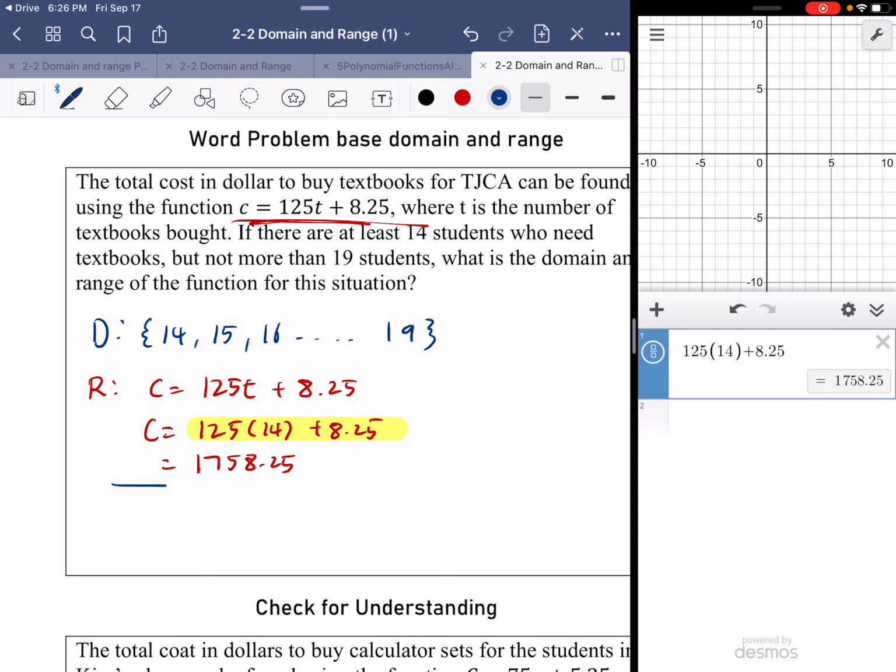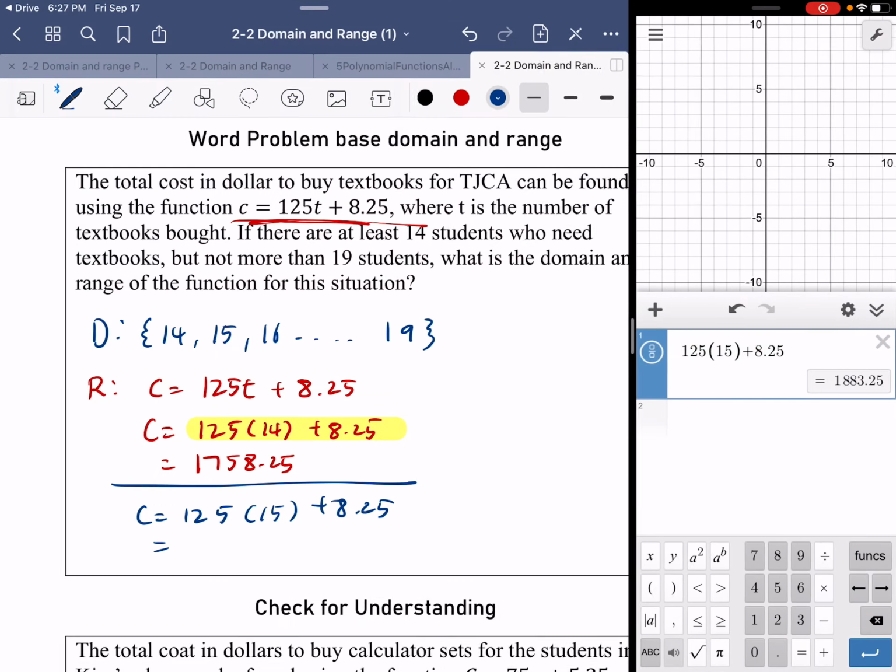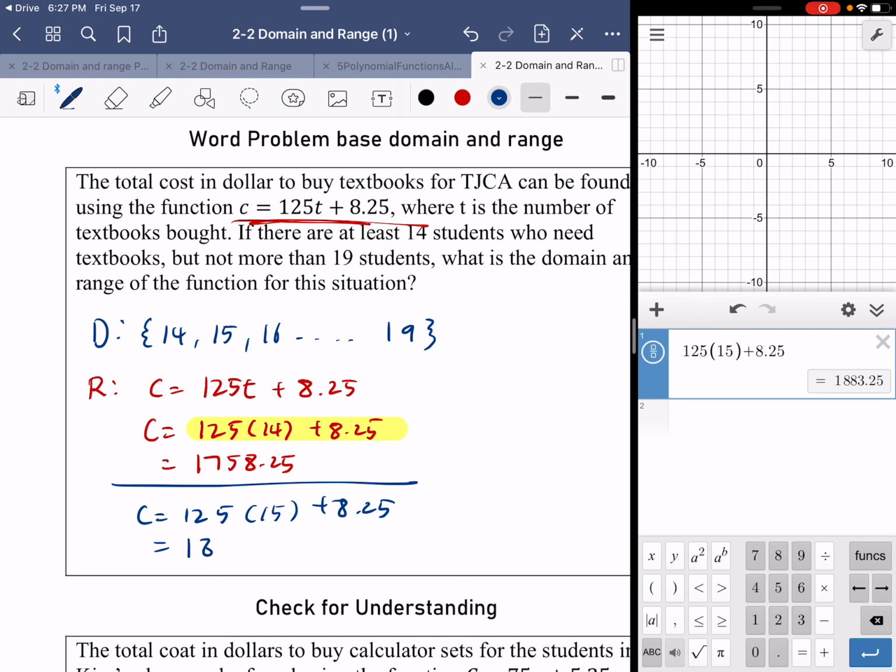And if I put 15, instead of 14, now I'm gonna put 15. Look at the calculator on the right. Now I get 1883.25.